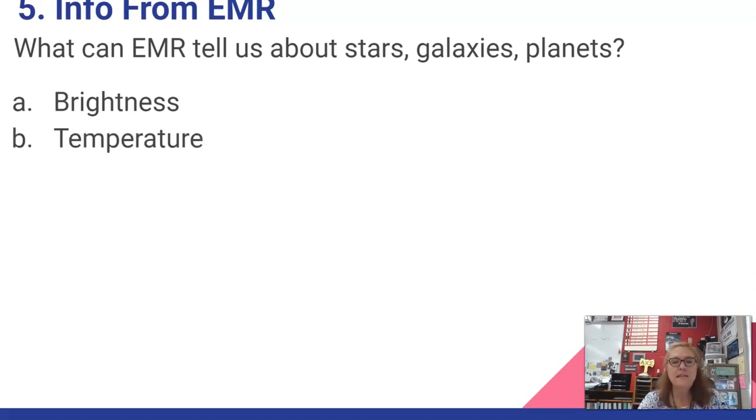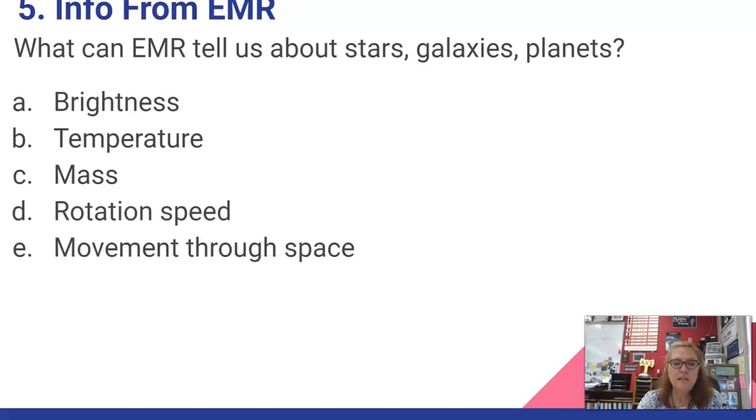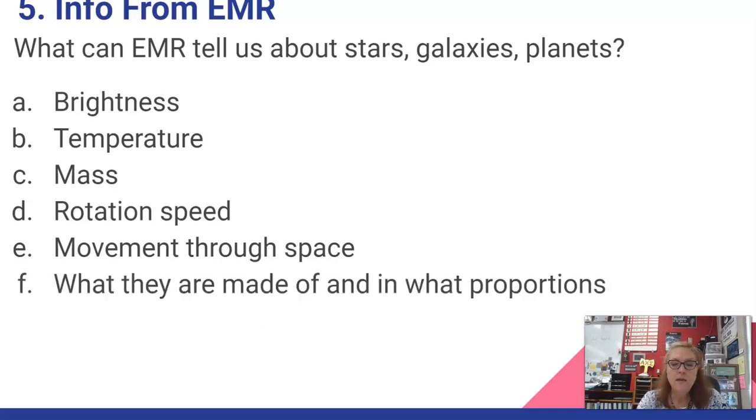We can learn about the temperature, and the HR diagrams we heard about earlier compare both intensity and temperature, and those come from EMR. We can talk about mass, since there's a relationship between energy and mass. We can talk about rotational speed, believe it or not. We can talk about movement, and that's very interesting. We're going to talk about this a little bit later on when I'm back with you in person. And then it says what they are made of and in what proportions.